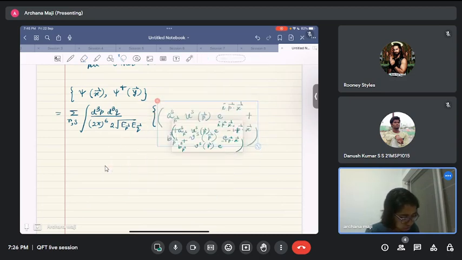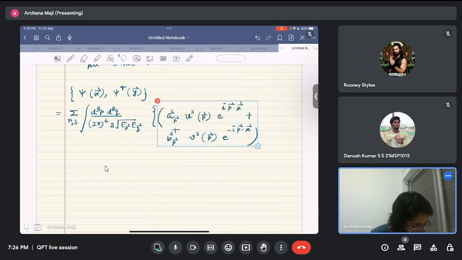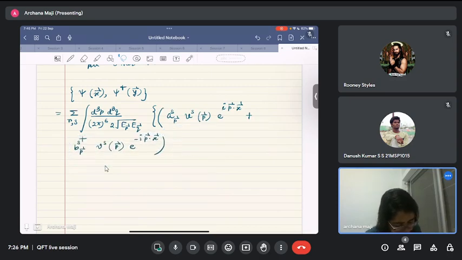So this is psi comma psi dagger. Okay, we are using r index here.